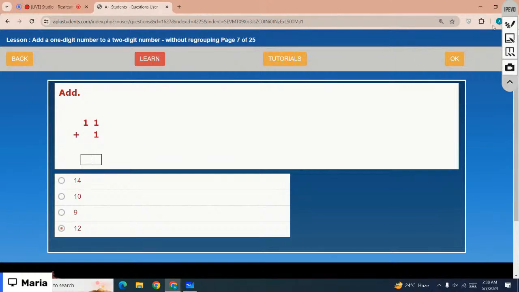The correct option is 12. 12 plus 5, which is the correct option? Yes, 17. The correct option is 17.